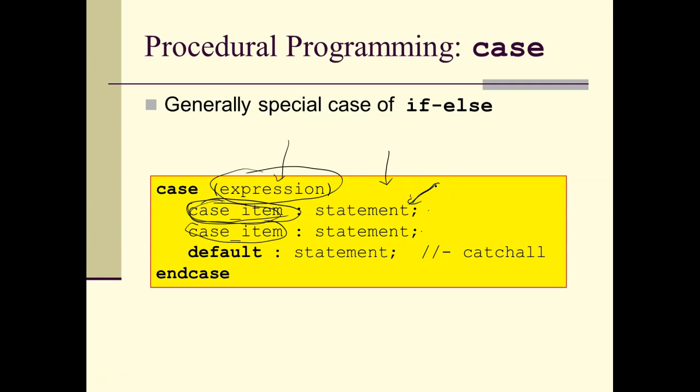If it never finds one that matches, it's going to take the default. Now, when it takes the default, that's essentially a catch-all. We're going to be modeling combinatorial circuits, so all of our statements are going to have some type of default in there. If it didn't have a default, it would not be a combinatorial circuit, most likely. Comments on that later too.